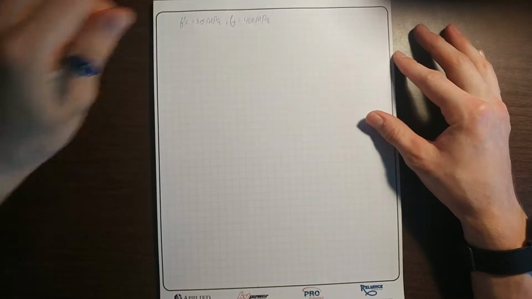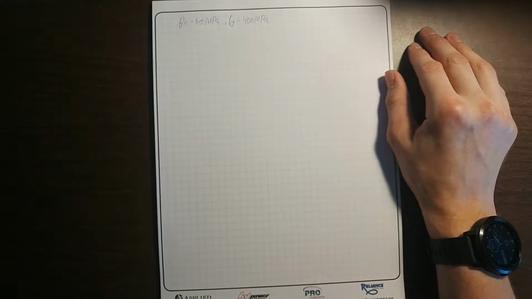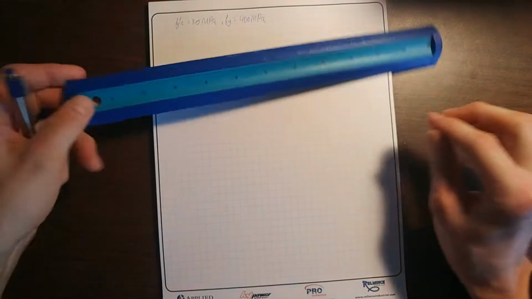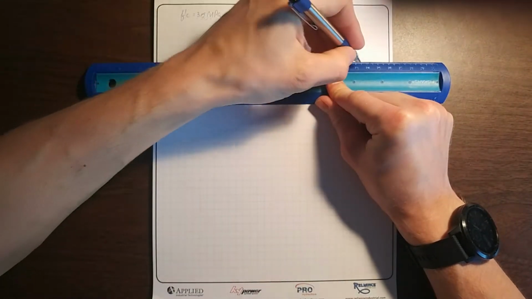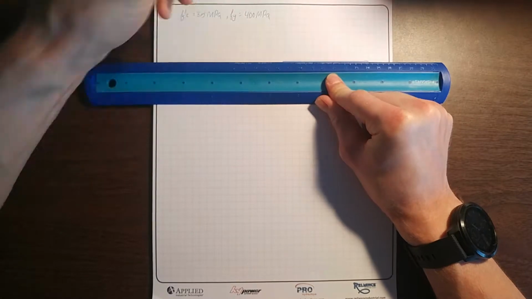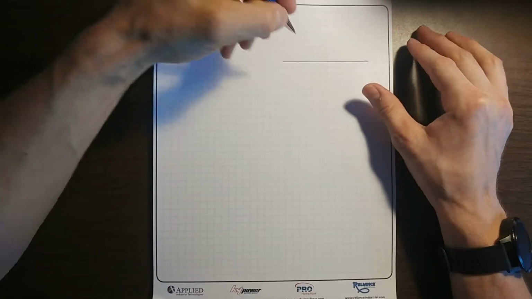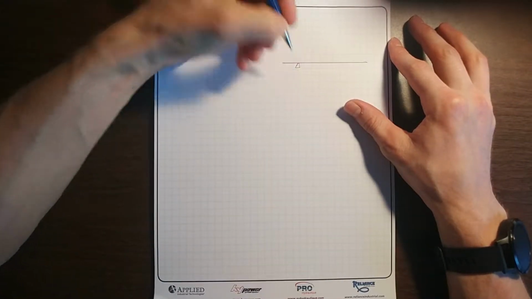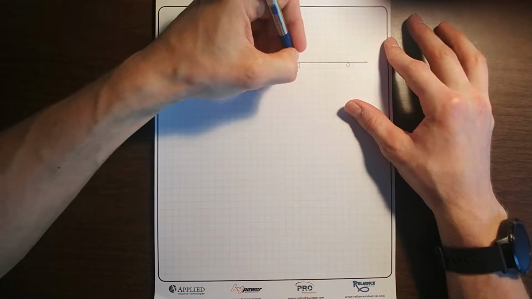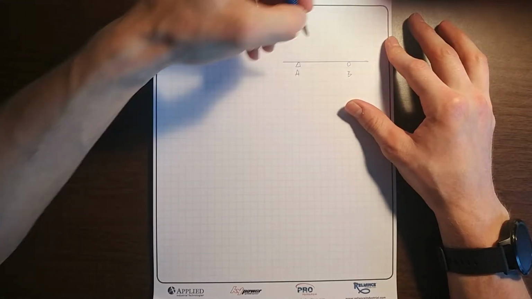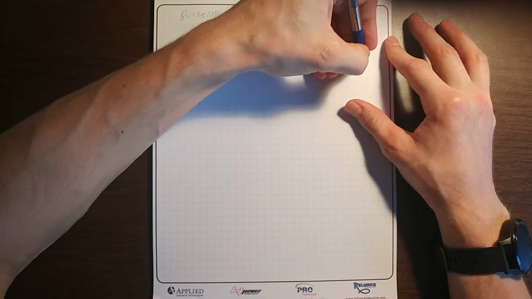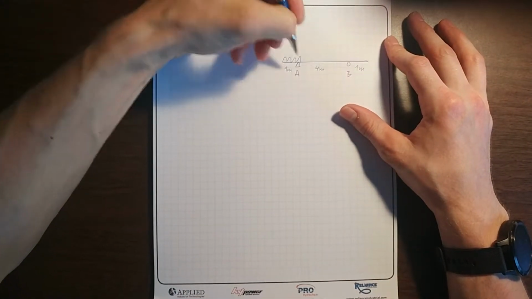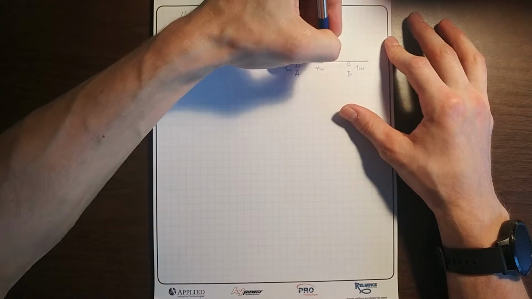And I'm just going to quickly draw this beam here. Not going to worry about making it perfect. It's going to have support A and support B. This is 1 meter, 4 meters, 1 meter, and we have an evenly distributed load.